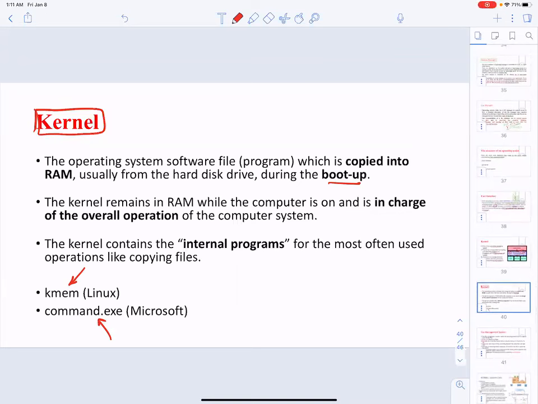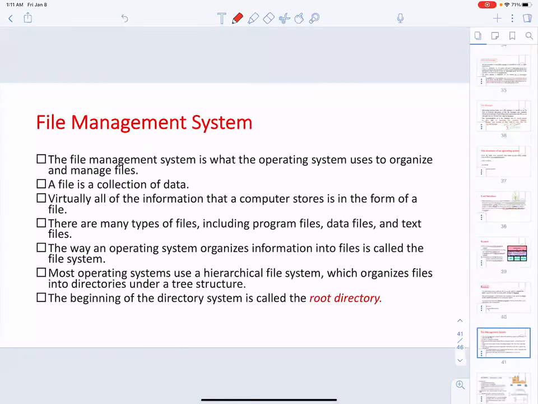So we have addressed the first layer of the operating system as an interface, the second layer, which has the three managers, the process manager, the device manager, and the memory manager. The last layer is separated as the file management system. The file management system is what the operating system uses to organize and manage files.